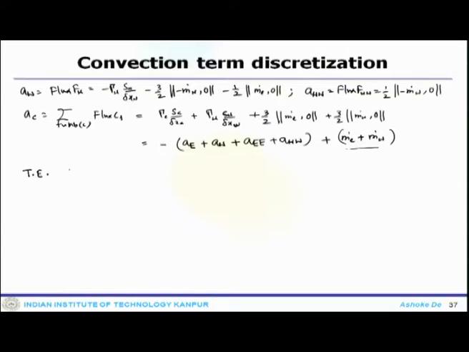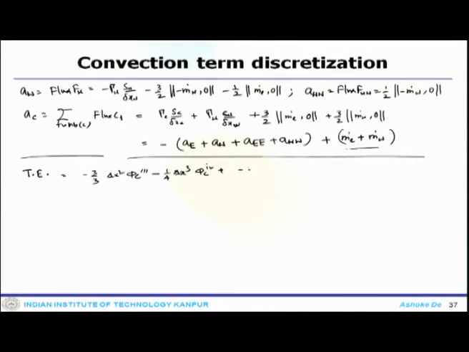For this kind of scheme, as we have used for the upwind scheme or central scheme, one can follow a similar procedure, and what one can obtain is 3 by 8 delta x square phi c triple prime minus 1 by 4 delta x cube phi c fourth derivative and so on, which indicates that the higher order term is of delta x square, which is essentially second order accurate in spatial discretization.